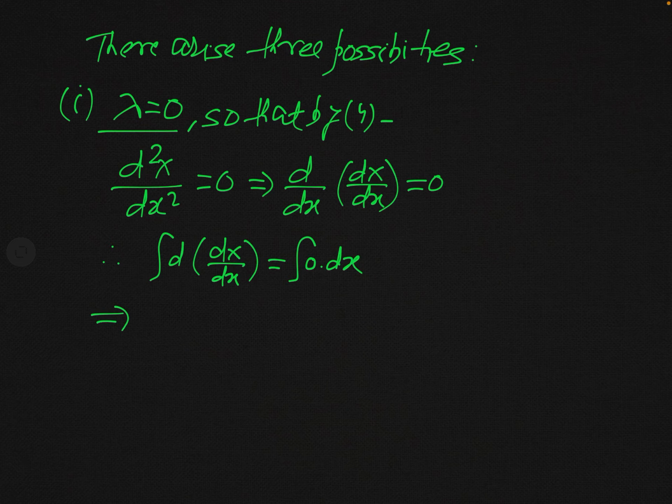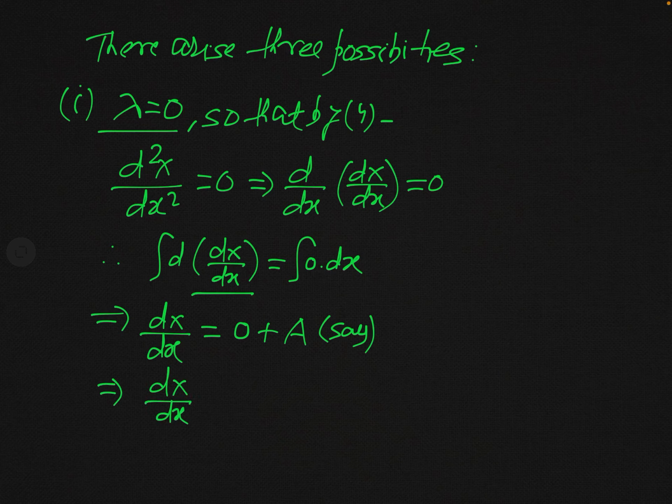So this integral will be simply dx by dx. And integral of 0 will be equal to 0 plus some constant. Let us consider this integration constant is a. So you can see our result is dx by dx equal to a.